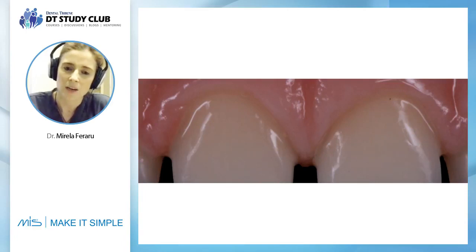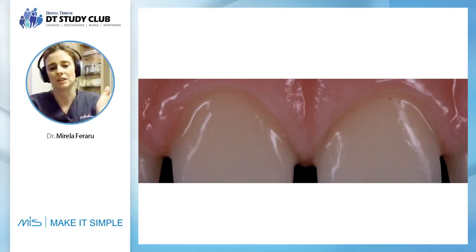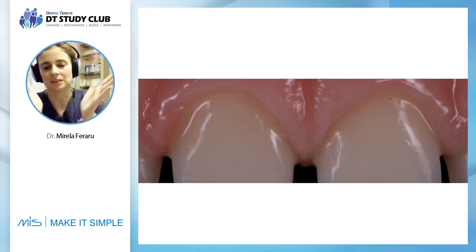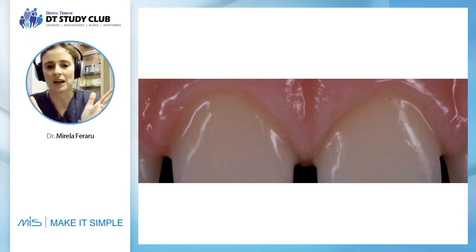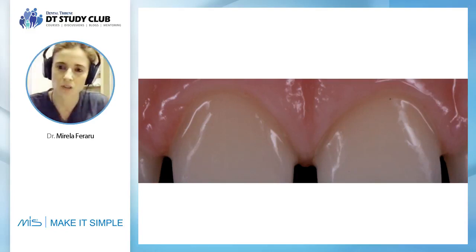Meaning that we are going to place our preparation slightly intrasulcular in order for the dental technician to have enough space to build a correct cervical profile that will give support for the tissues in this part.